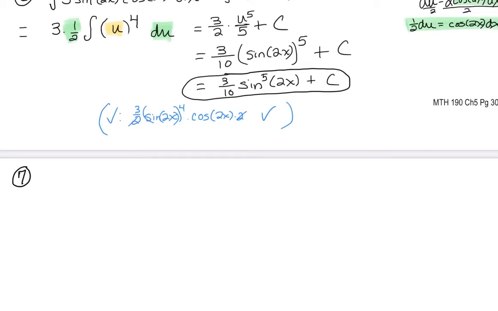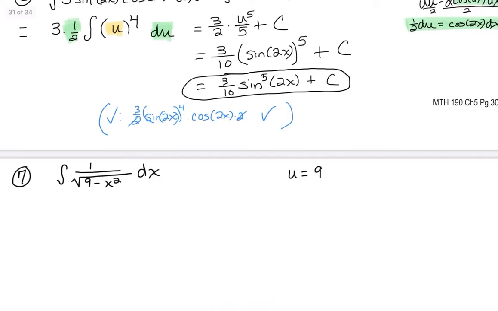All right, so number 7, let's take a look at the integral of 1 over the square root of 9 minus x squared dx. Okay, it kind of looks like some of our opening examples. I look at this and think, oh, there's an obvious inside, right?